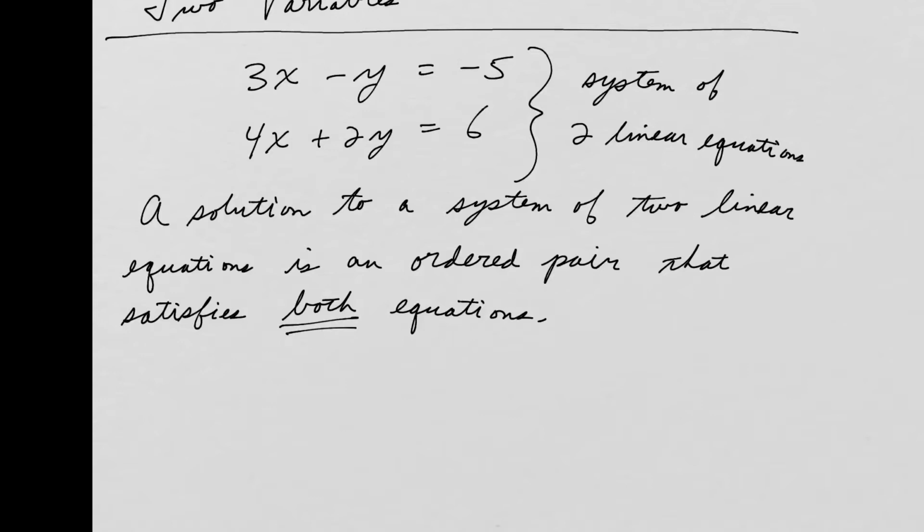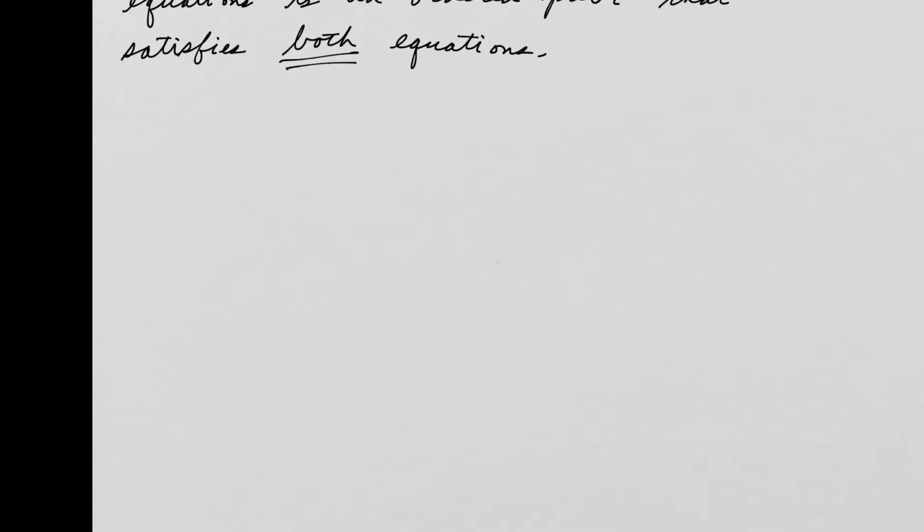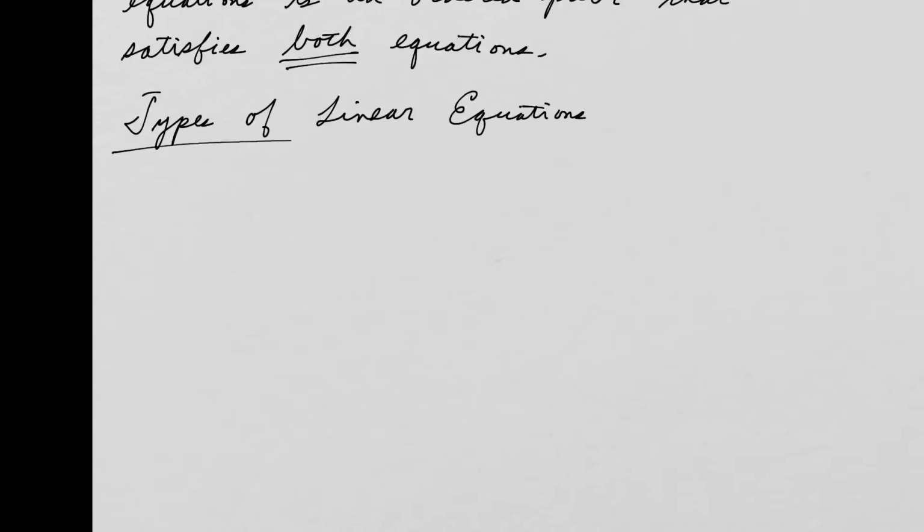Now, it turns out there's several types of linear systems. So one type, and this is really the most common type. So let's say types of linear equations. So you could have a situation where we have the two lines and they cross at one point.